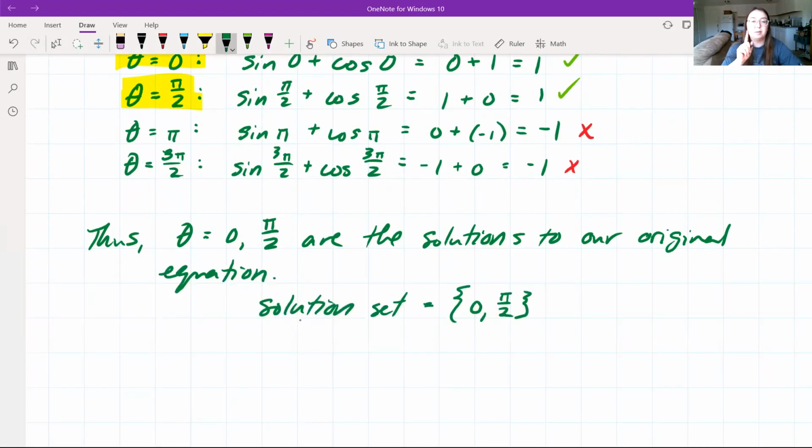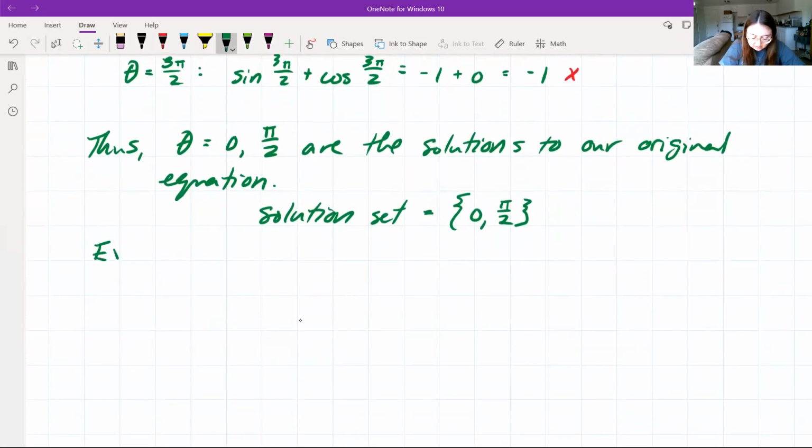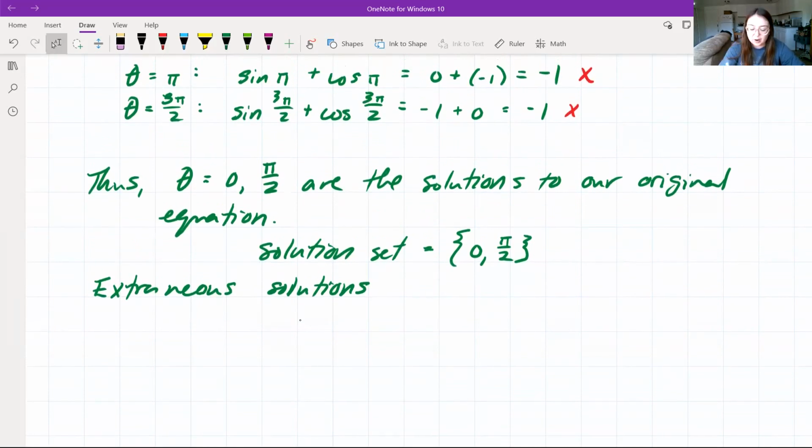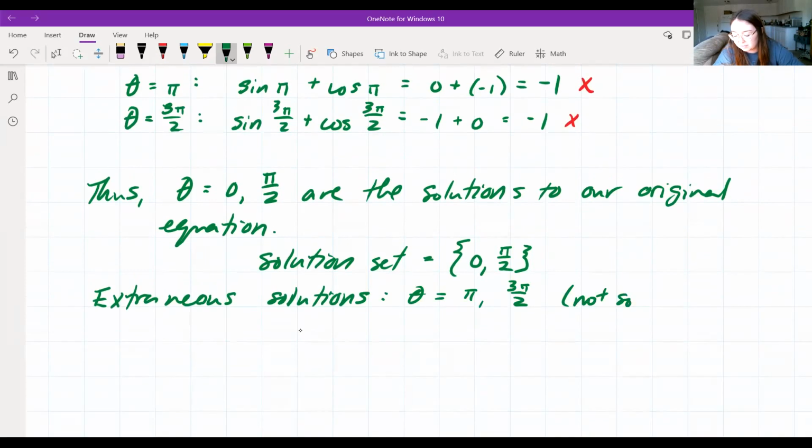This may also come up in MyMathLab. It may ask which solutions are extraneous. So the extraneous solutions are just the values that we found that aren't actually solutions of the original equation. So our extraneous solutions in this case would be pi and 3 pi over 2, which just means they're not actually solutions.